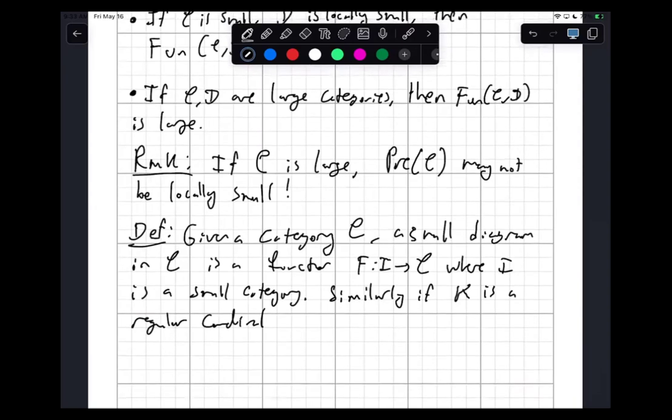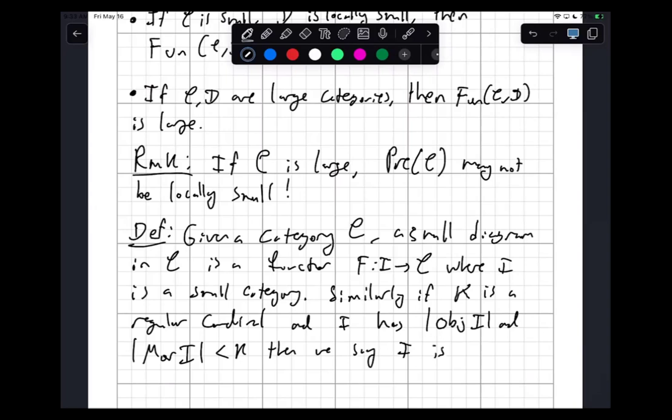So similarly, if kappa is a regular cardinal, and I has the objects of I and morphisms of I less than kappa, then we say I is kappa small.